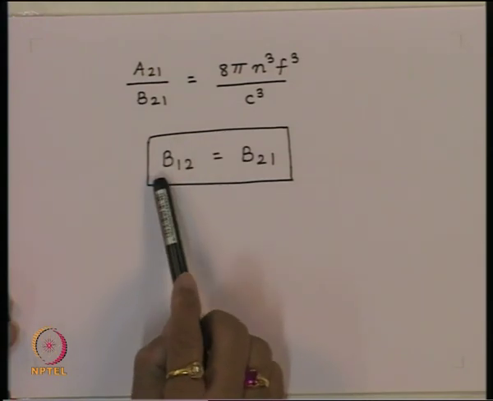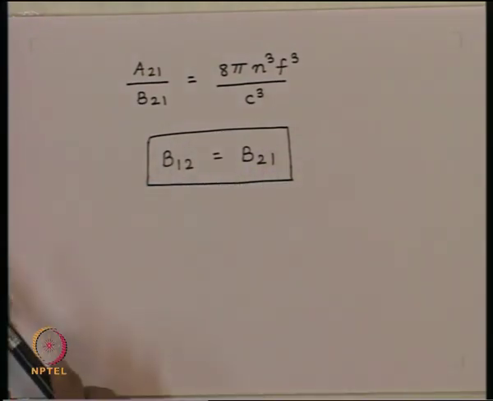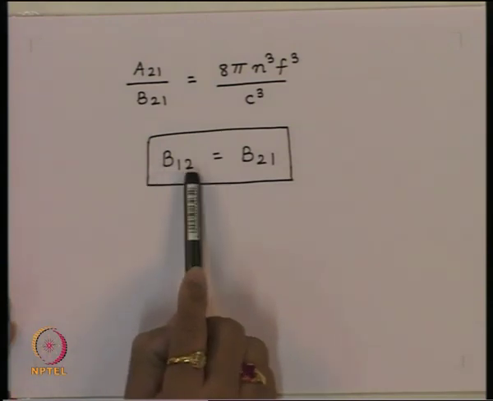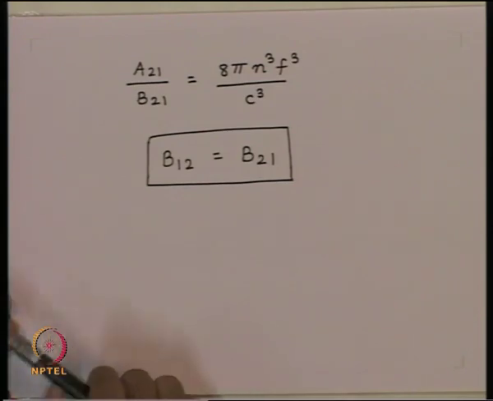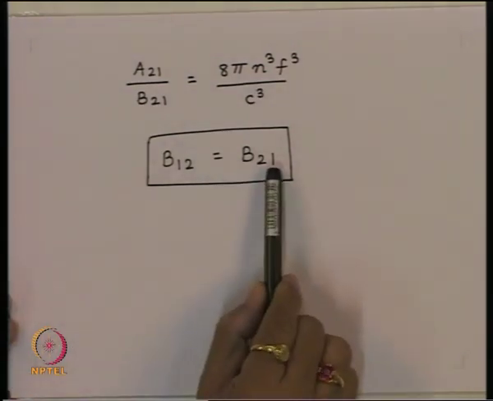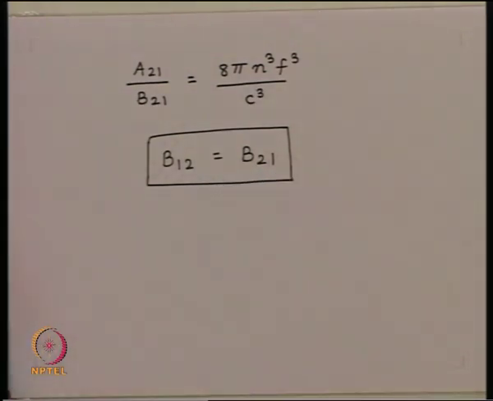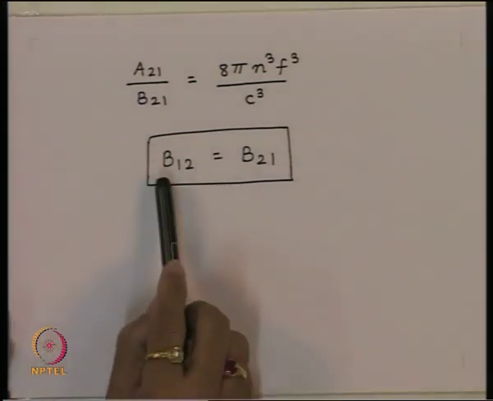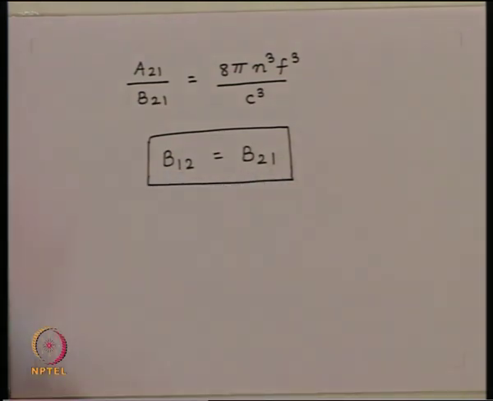And what is B12? B12 is the transition probability of electron going up, and B21 is the transition probability of electron coming down in the presence of a photon. Saying that B12 is equal to B21 says that these two transition probabilities are equal. That means the absorption process and the stimulated process are equiprobable.